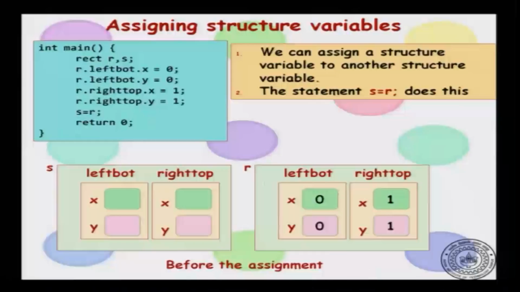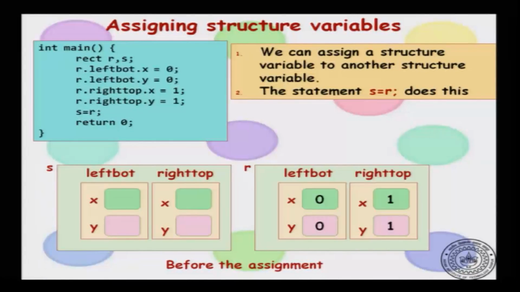Okay. Now, we know that variables can be assigned to other variables. So, a natural question is, can struct variables be assigned to struct variables? And the answer is yes. Suppose you have a rectangle r whose left bottom is 0 0. You either initialize it or you assign the values, and its right top is 1 1.